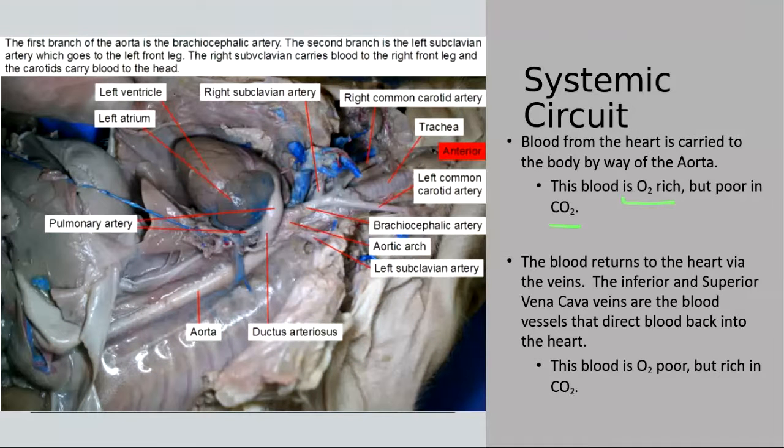It'll increase in carbon dioxide as it passes through the capillaries that take it to the tissue layers, to the organ systems, and it'll, of course, therefore lose oxygen. And remember the blood returns to the heart via the veins, right? And all the veins will eventually conglomerate into either the inferior or the superior vena cava.